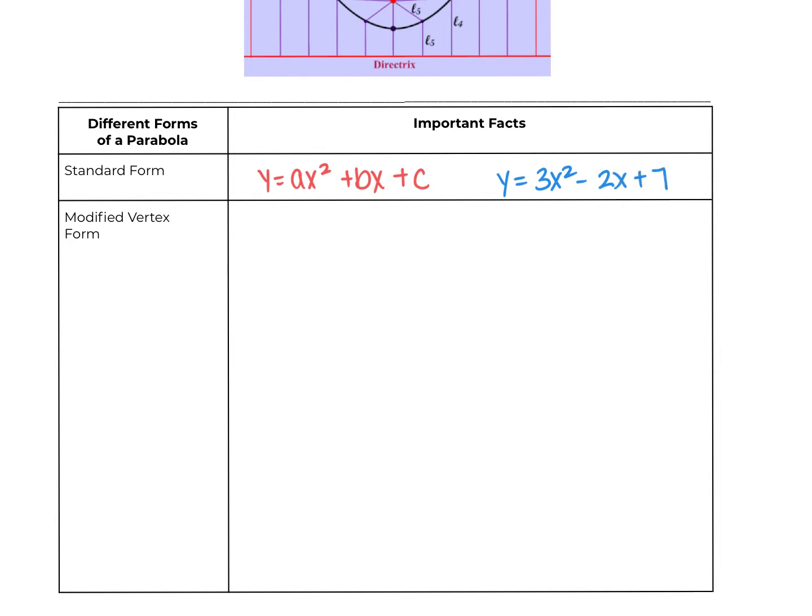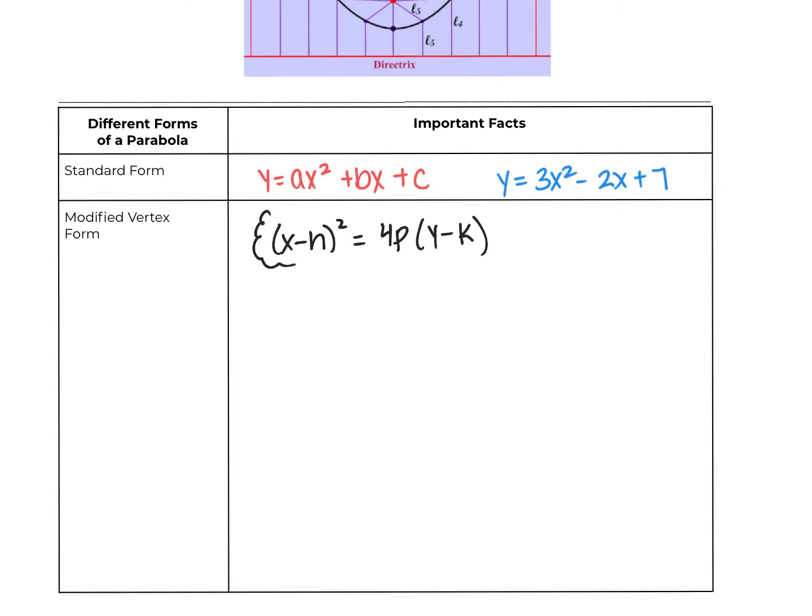What we're going to work on today is a different form of a parabola or a quadratic. That form is called modified vertex form. And here's the equation: (x minus h) squared equals 4p times (y minus k).